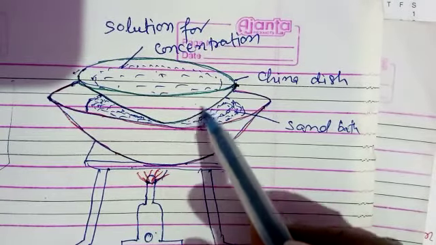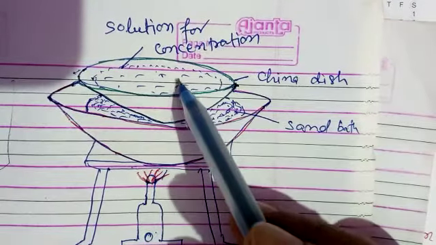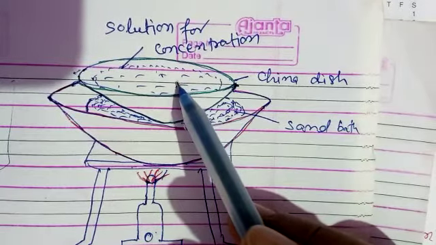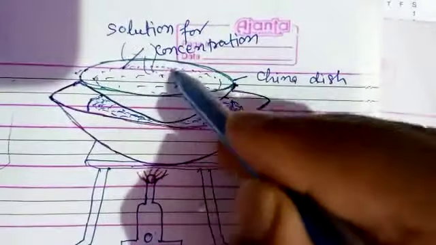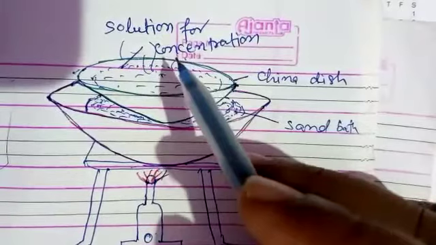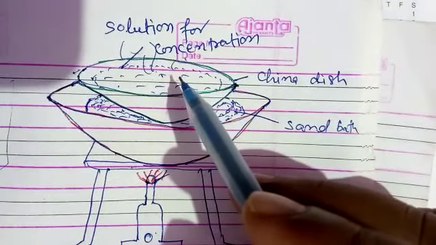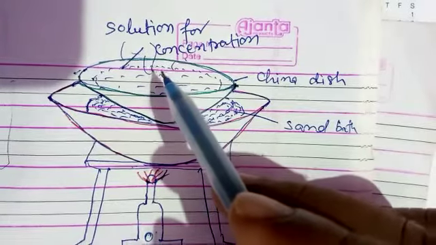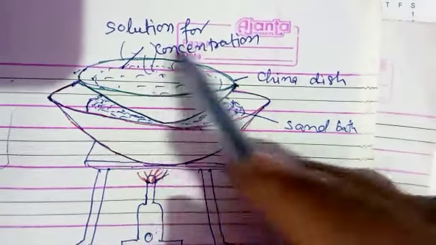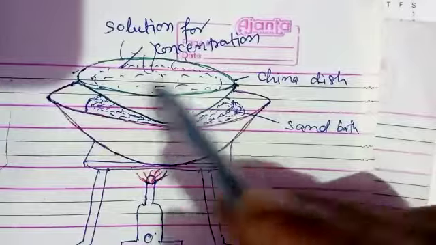Water from the dish, students, will slowly start evaporating. When the volume of the solution is reduced to nearly half or slightly less, remove the dish from the burner.